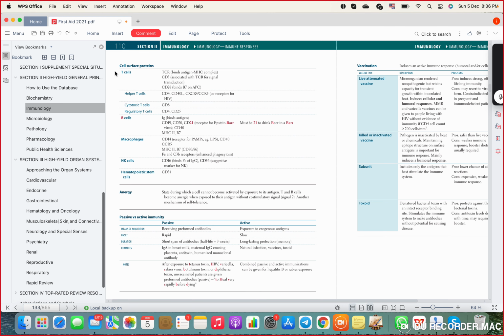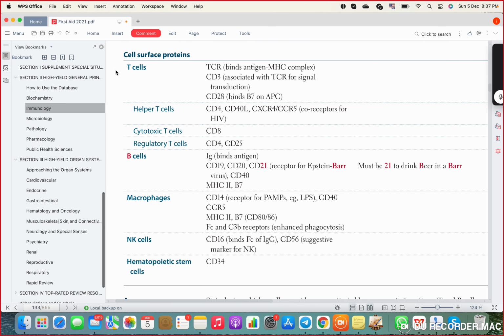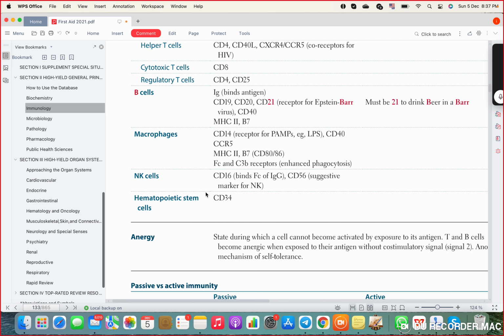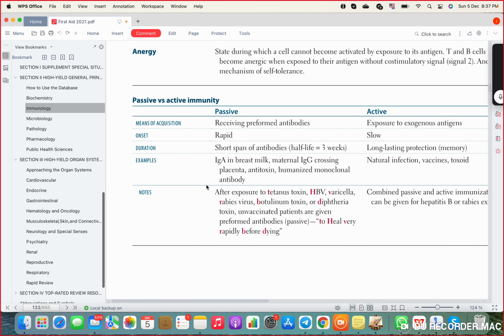Okay, do you know the cell surface proteins for various cells? Can you tell me which one for macrophages? Macrophages have CD14, Doc, because that attaches to the lipopolysaccharide, and B7, Doc, which attaches to the CD28, and CD40 also because that attaches to the CD40 ligand of the T cell.